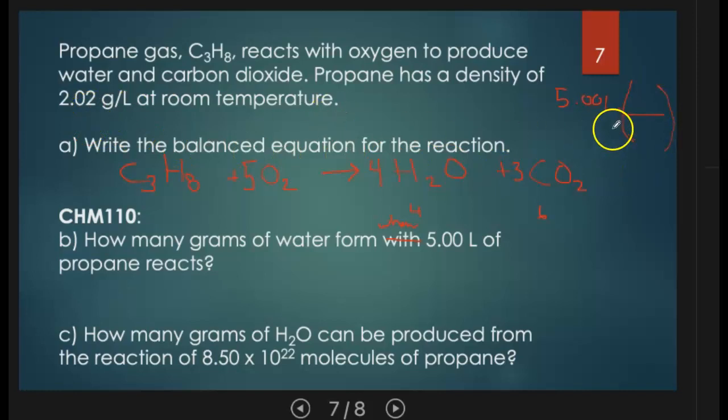And so up here we're told we have 2.02 grams for 1 liter. So realistically what they're asking us is, we're going to take 2.02 times 5, and we have 10.1 grams of propane. I'm just going to put that as pro down here. And they want to know how much water will we make.